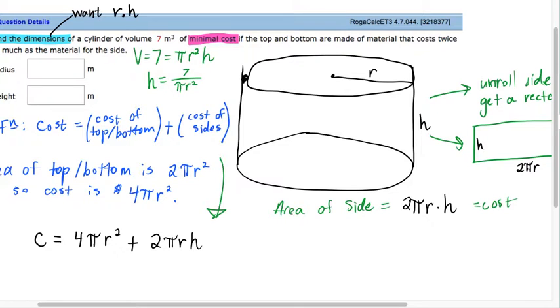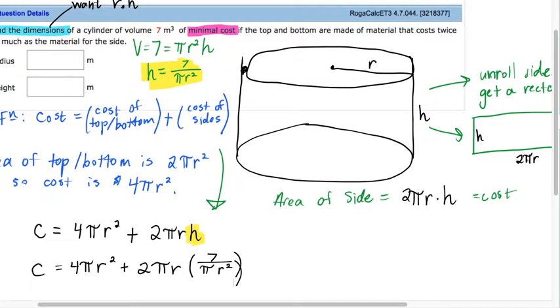I'm going to take that and bring it down for that h right there, to get cost all in terms of r. So we'll have 4 pi r squared plus 2 pi r times h, which is 7 over pi r squared.